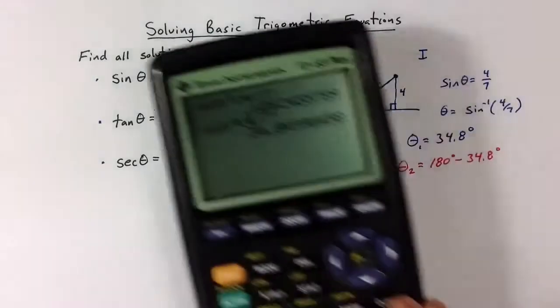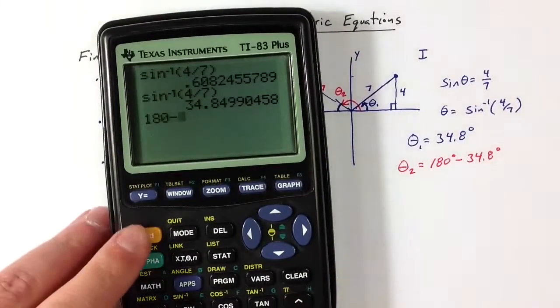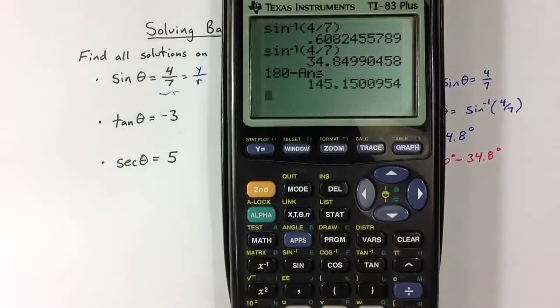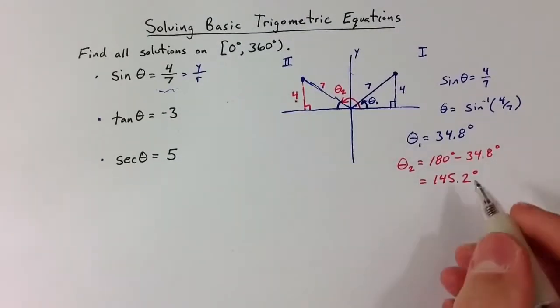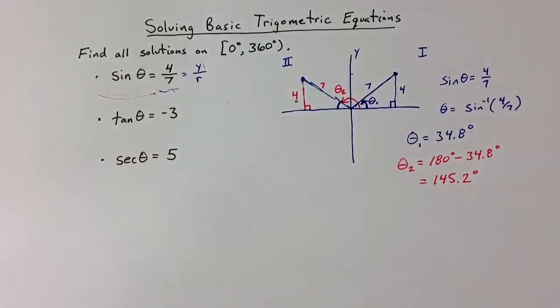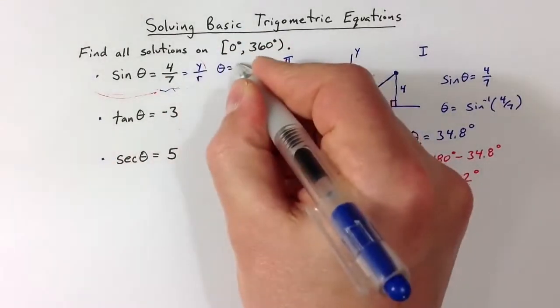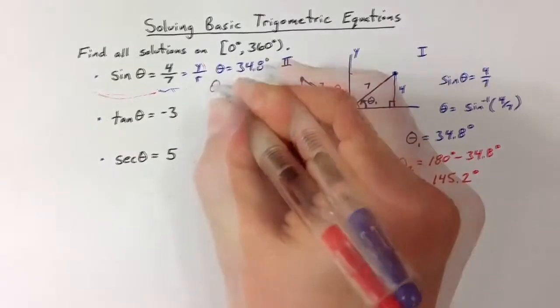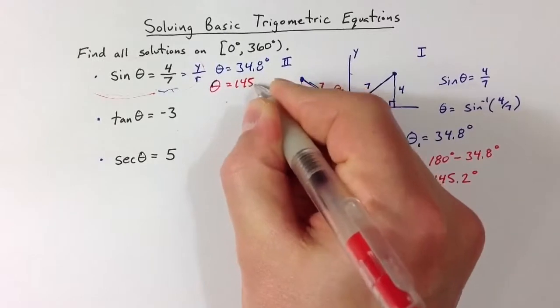If I take 180 degrees and subtract our previous answer, I get 145.2. So those are two equally valid solutions to this equation. Theta can equal 34.8, or theta can equal 145.2 degrees.